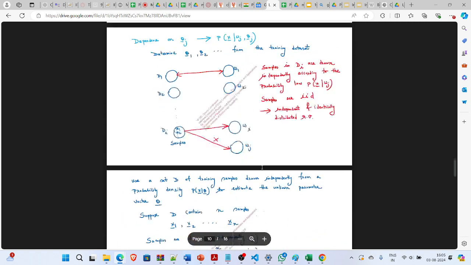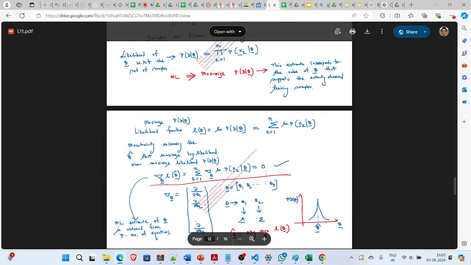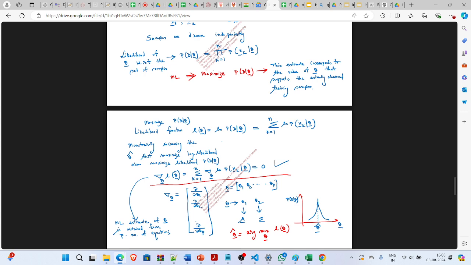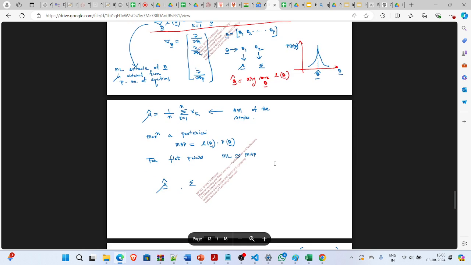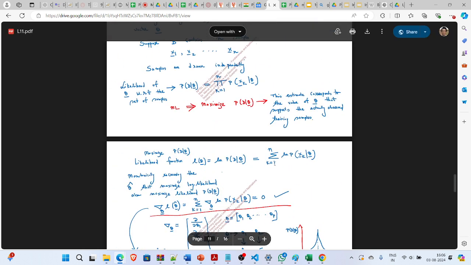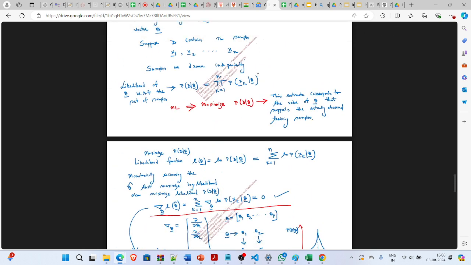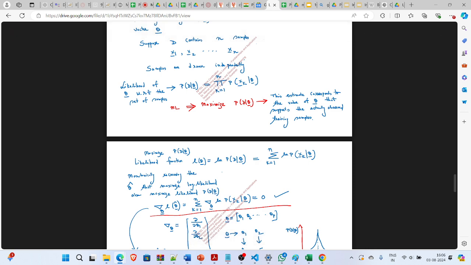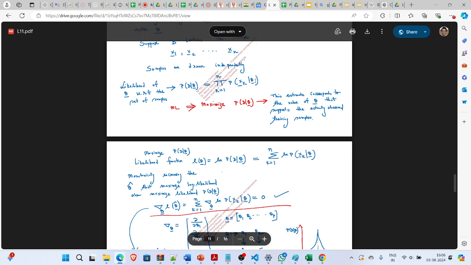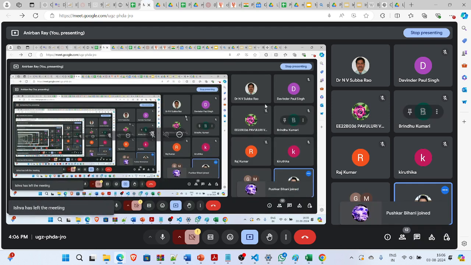They have given an example with the normal distribution. Given the likelihood, in this case, because the samples are independently drawn, we have made the product of the probability of each of the samples. Is that clear? Do you understand why the product is coming?